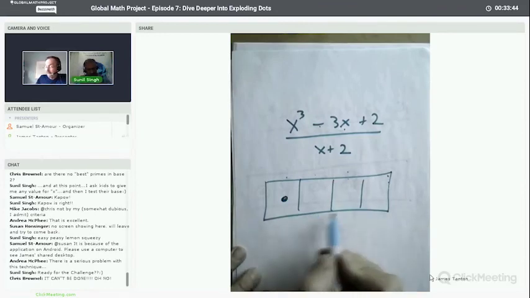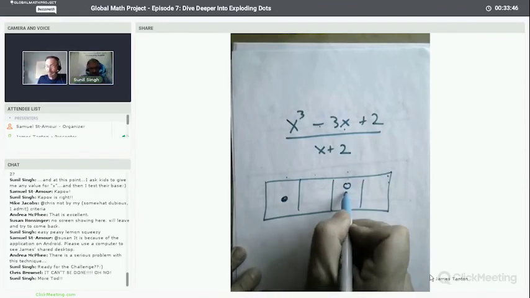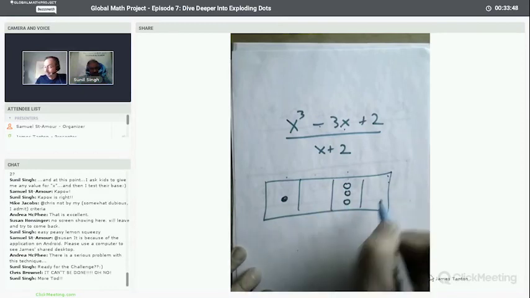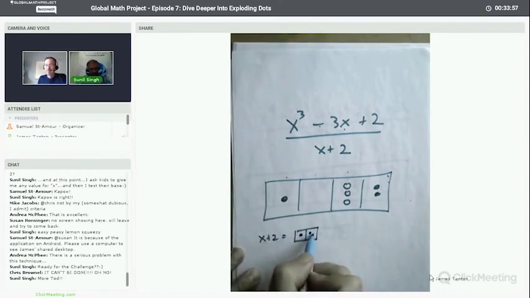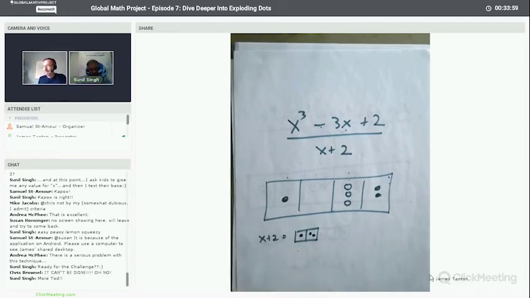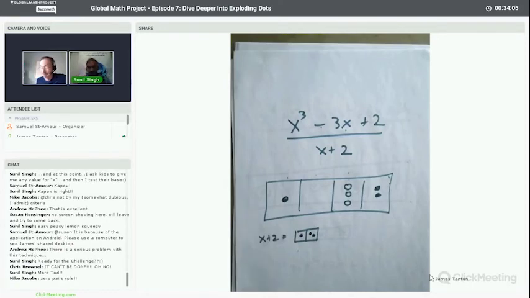No x squareds. 3 anti-x's, so 3 anti-dots and 2 1s. And I'm looking for x plus 2, which we've seen before to be 1 dot and 2 dots. And right now, it looks like we have no hope. This looks impossible. There is no 1 dot next to 2 dots in that picture.